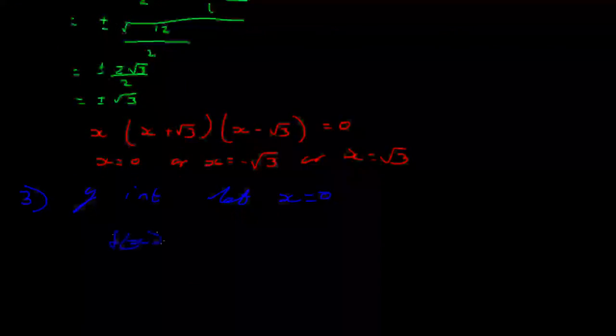This is just the original f of x that we were given. f of x was x cubed minus 3x. So f of 0, which is our y-intercept, is equal to 0 cubed minus 3 times 0, and that is equal to 0.